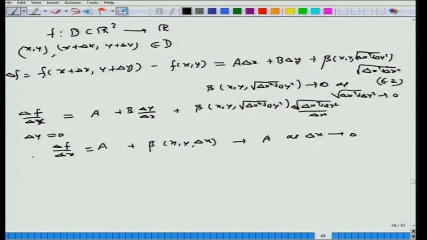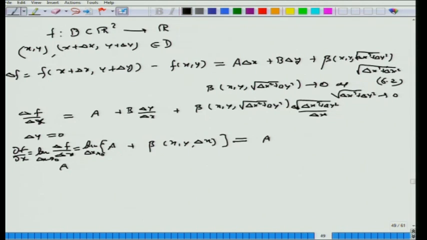Now a is nothing but the partial del f by del x. So, a has to be the limit as delta x tends to 0 of this, which is actually equal to a.